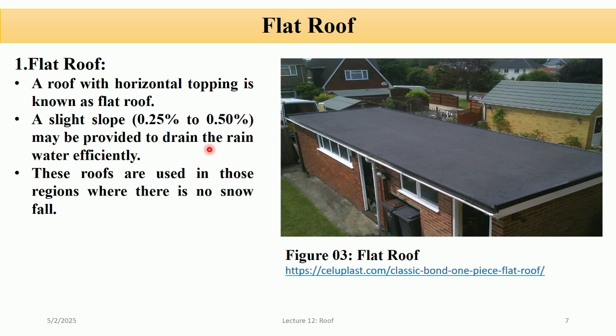The small slope which we provide in the flat roof helps guide rainwater towards drainage pipes or outlets. Flat roofs are ideal in a hot, dry region or area with no snowfall, as they are not suitable for shedding snow. They are often used as terraces, service areas, or outdoor spaces for solar panels, water tanks, etc.